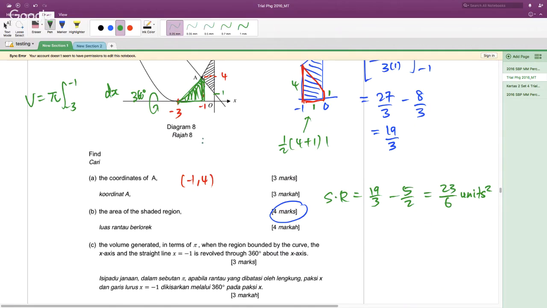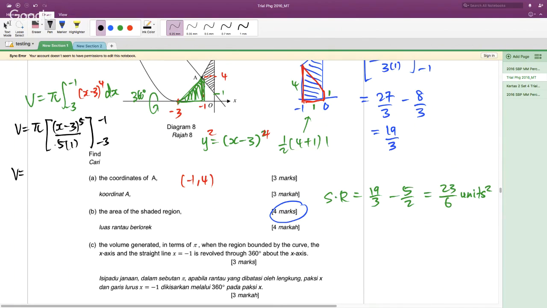My y equation just now equals (x plus 3) squared, so if I square my y, it becomes (x plus 3) to the power of 4. So my volume equals pi times the integral: power plus 1, 4 plus 1 becomes 5, divided by the new power, and differentiating inside gives 1, with limits -3 and -1.